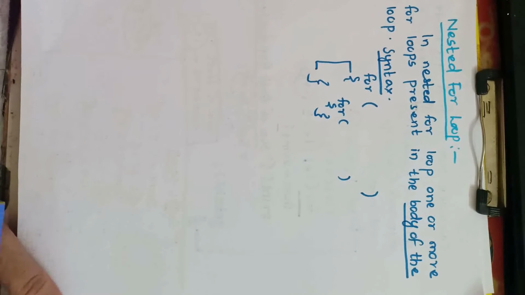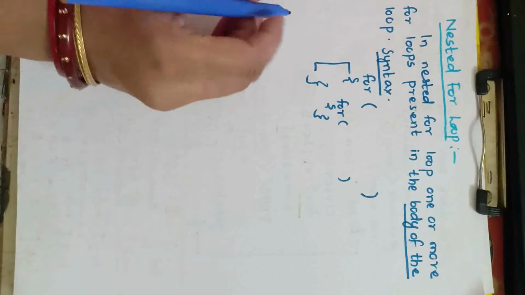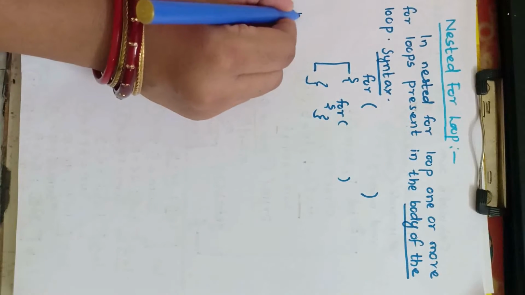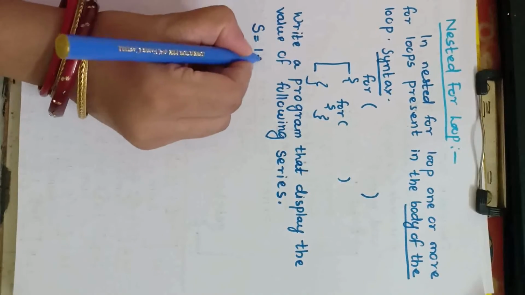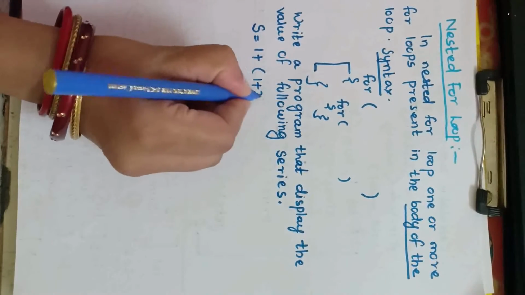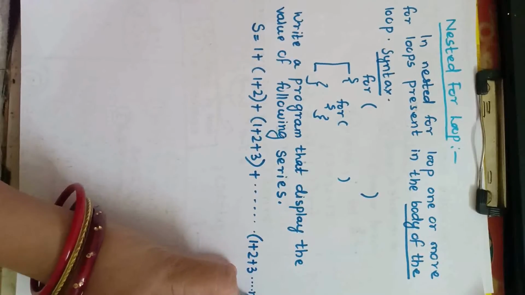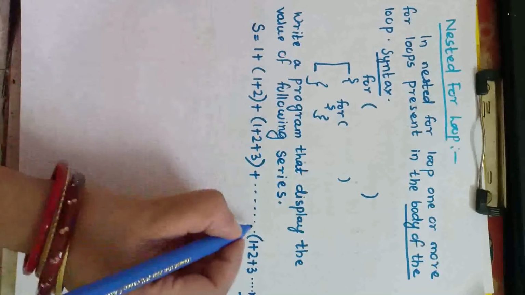So now we write one program using the nested for loop. The sum is s equals 1 plus 1 plus 2, and the same continues for n number of times.